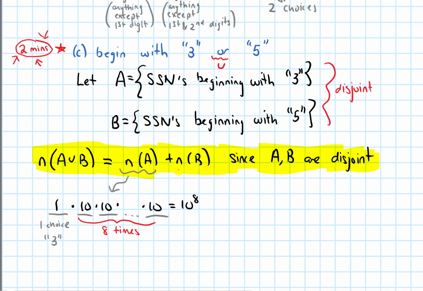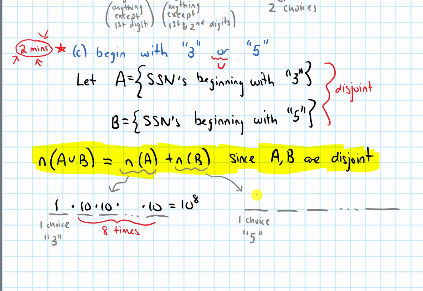So let's do the same thing for counting the number of elements in the set B, social security numbers that begin with a 5. Again, I'm going to draw some slots. 1, 2, 3, the 9th one. For the first digit, we have one choice, because now we want it to begin with the digit 5.